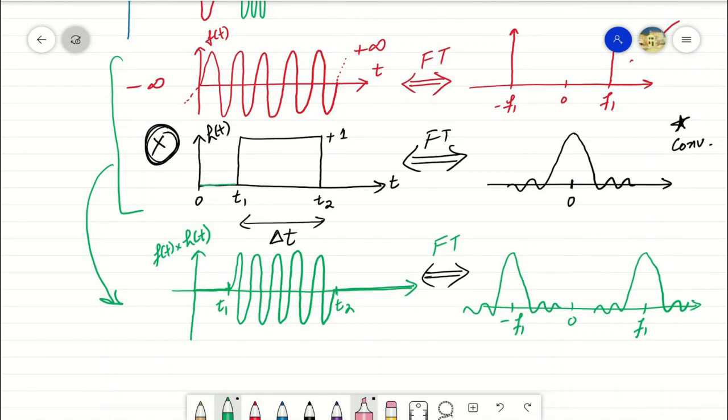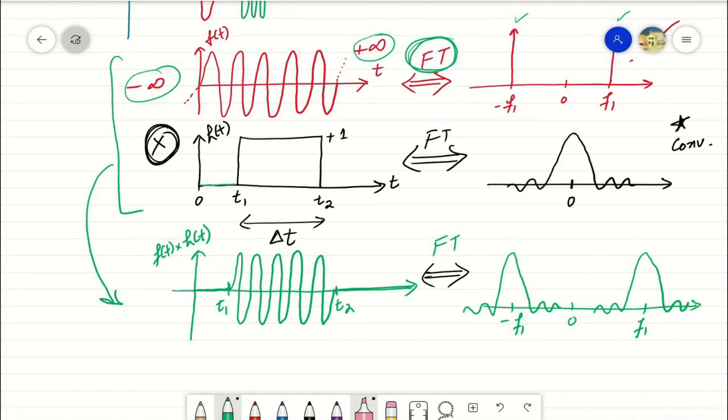So from this analysis we can conclude that a sinusoid with infinitely large duration can be represented in frequency domain after performing its Fourier transform with pure impulses positioned at the frequency of the sinusoid.